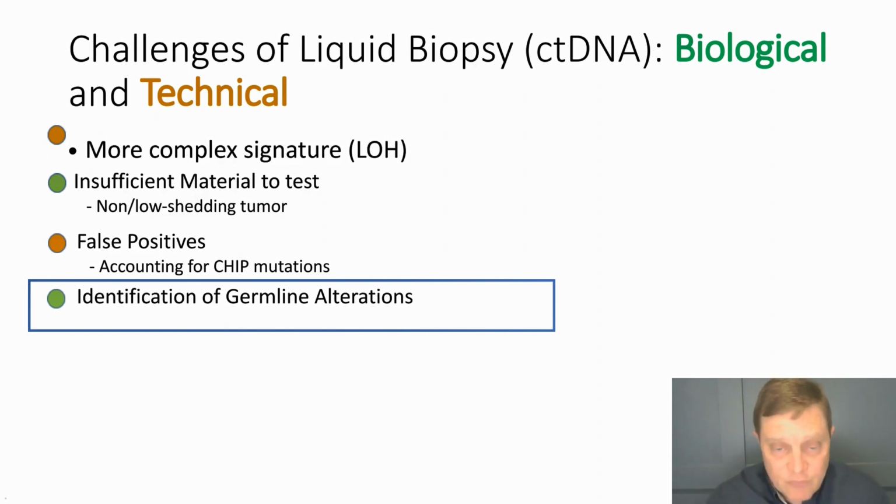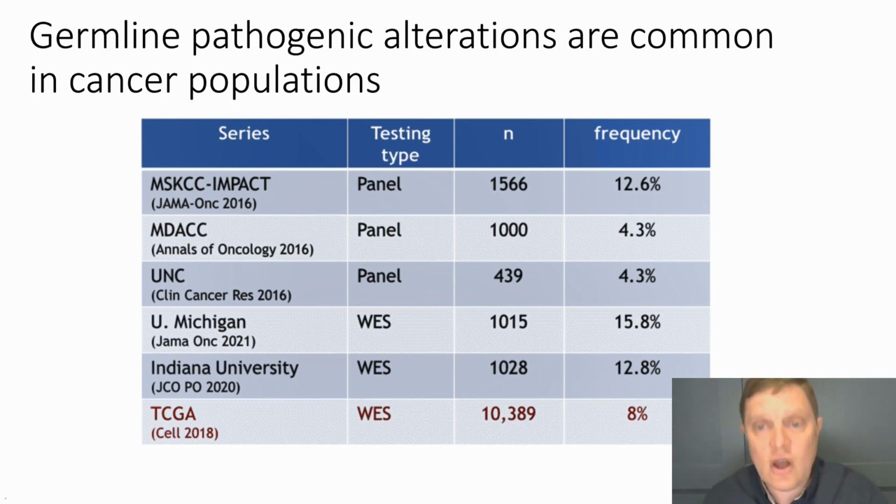And so including an assessment of germline is part of that workup, because as we have begun to understand, the number of patients that have germline pathogenic mutations is quite significant. It's somewhere in that 8 to 15%. And the more data we collect, the more we can start to see it. The more advanced disease, the more often we're finding them.